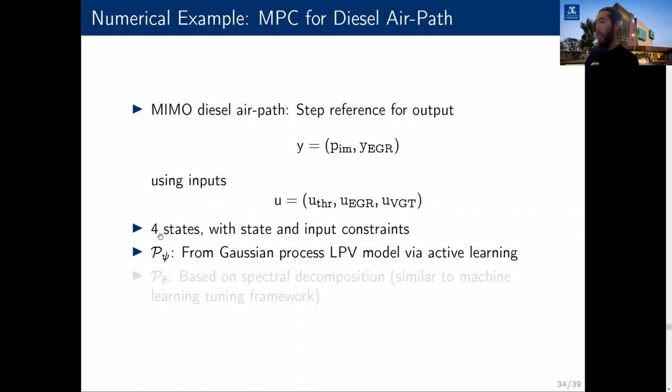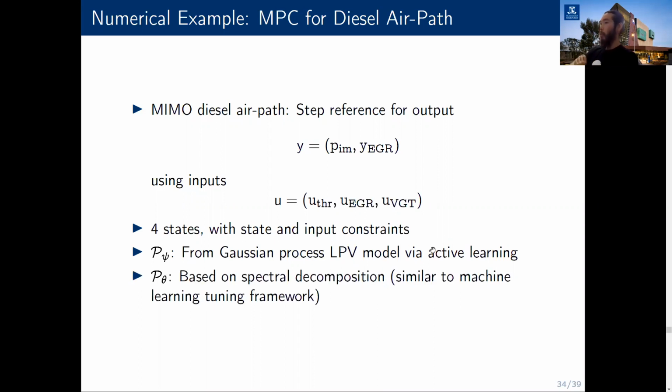So we obtain our plant uncertainty from this active learning approach, while for the distribution for generating candidate controllers, since the MPC matrices are positive definite matrices, we can construct a distribution to generate a random positive definite matrix based on spectral decomposition, using an approach very similar to the one in the proposed machine learning tuning framework in that paper.